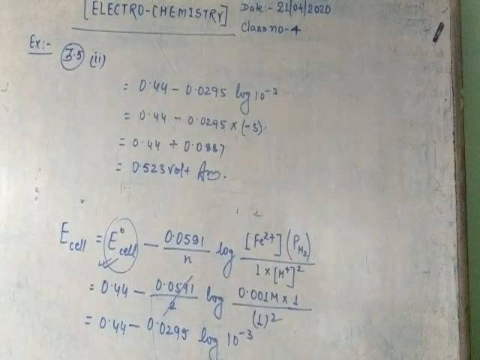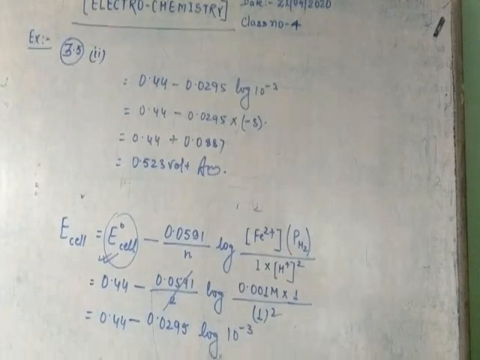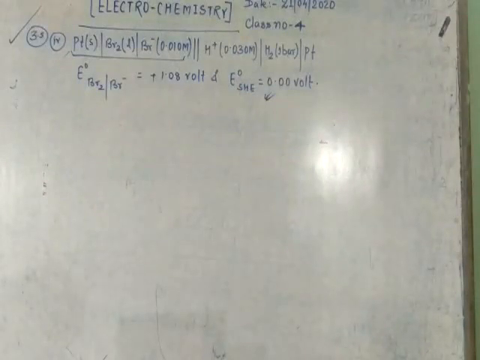Okay students, now we discuss question number 4 of exercise 3.5 of electrochemistry. In this question, the electrode potential of bromine is 1.08 volt and SHE is 0 volt.